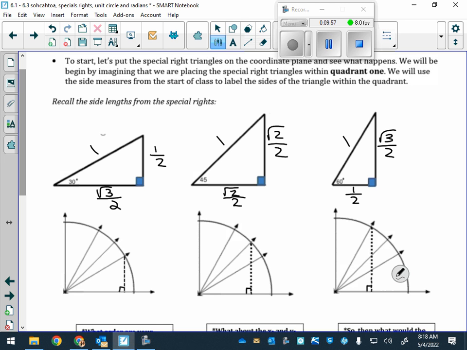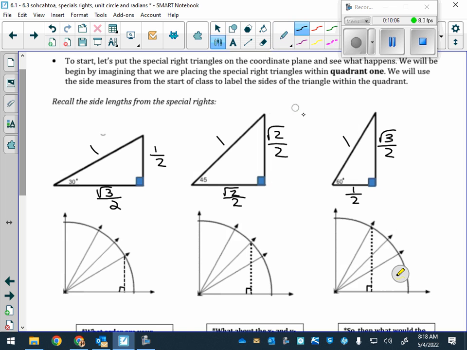Okay? All right. So I want you to take your first color, and I'm going to use highlighters up here. Take your first color, whatever you choose to use, and color the outside of 30. So you can see the difference of colors. For 45, choose a different color.